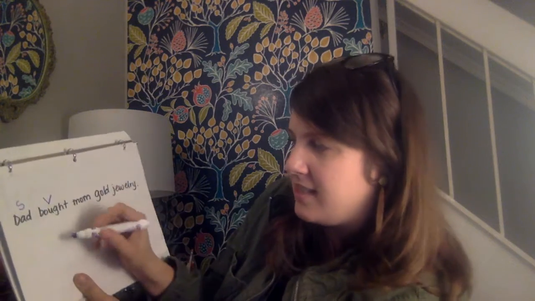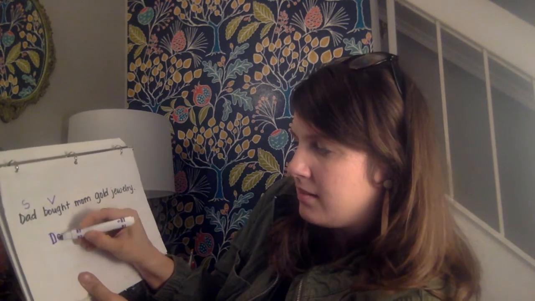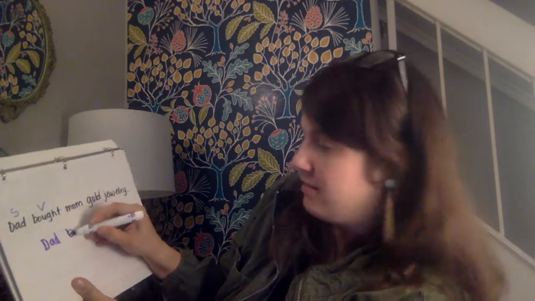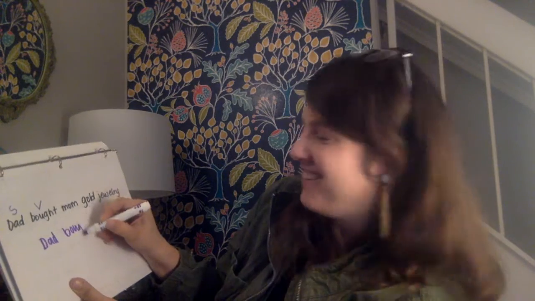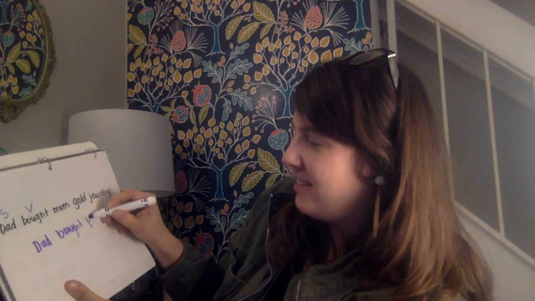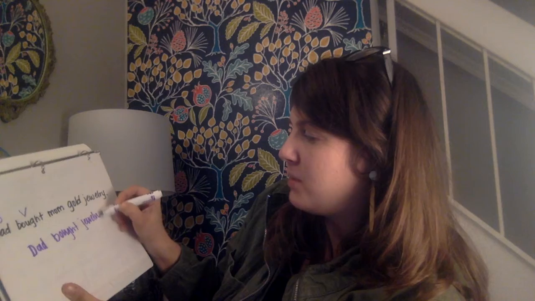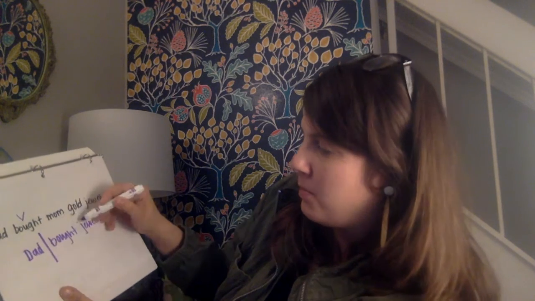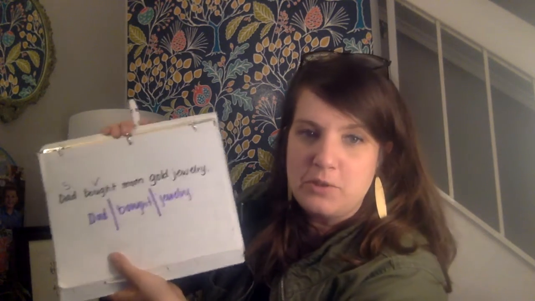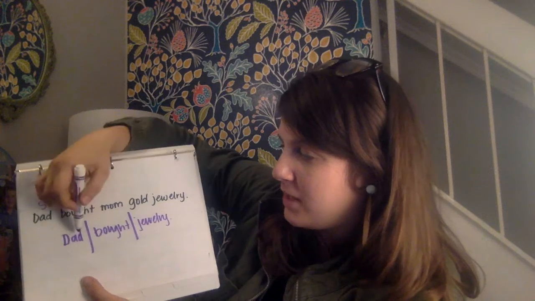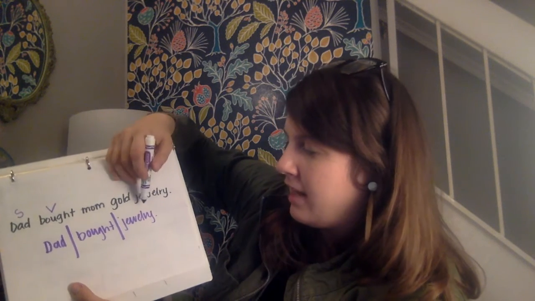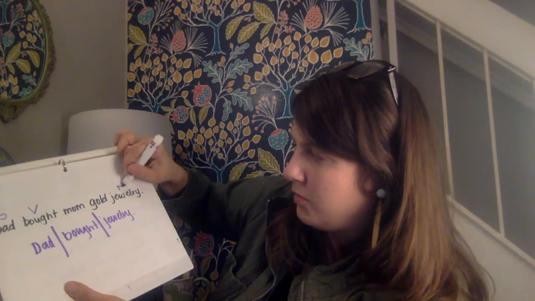If we do it the other way, it doesn't work quite as well, because what the sentence is really telling us is this: Dad bought jewelry. If you break it down to its simplest parts, we have Dad bought jewelry, right? Those are the main ideas in the sentence. We have our subject, Dad, our verb, bought, and our direct object, jewelry.